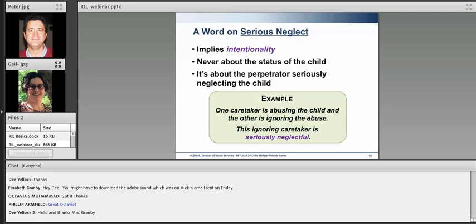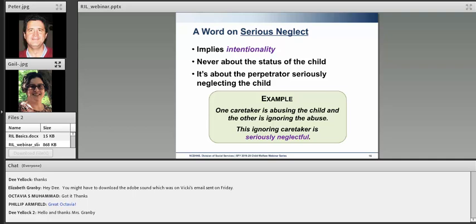I'm not saying that in every single case there's never a non-offending parent. I'm just saying in situations where the injury has been inflicted and both parents are saying, well, we don't know, oh, he fell off his changing table. Probably not.